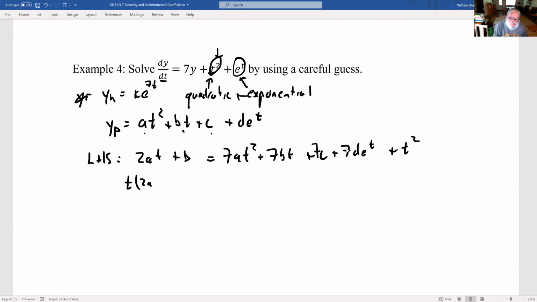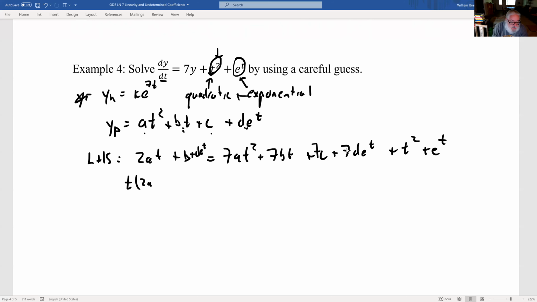Oh, I forgot my d e to the t. So when I differentiate this, I get 2at plus b plus d e to the t, got to differentiate that. Multiply this whole thing by 7, and I also have an e to the t out there at the end. I'd forgotten all the e to the t's.